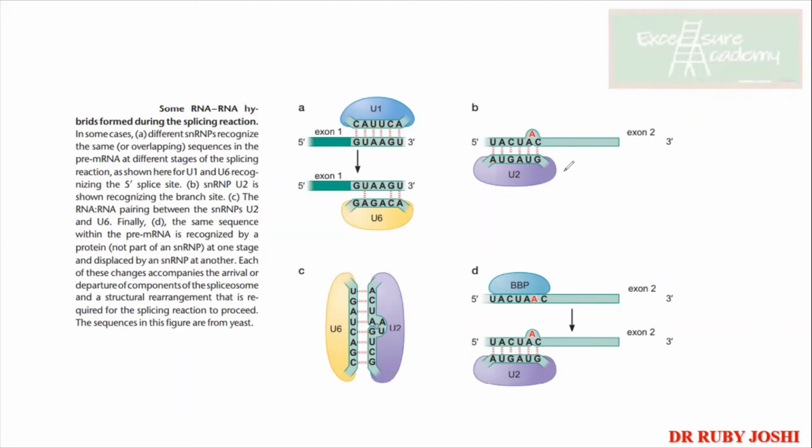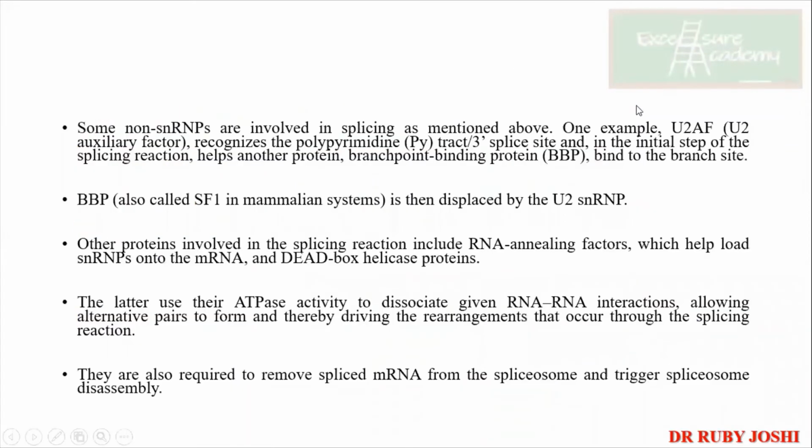U2AF has a 65 unit and a 35 unit. These 65 and 35 units help in recognition of the sequences present in the mRNA. For example, U2AF recognizes your polypyrimidine PY tract, that is the 3' splice site.